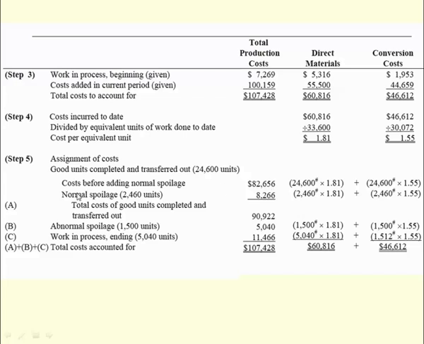82,656. Then for normal spoilage, the number of these units is 2,460 units multiplied by the direct material cost per equivalent unit, which equals 1.81, plus 2,460 units multiplied by 1.55, total will equal 8,266. The summation of these two numbers will equal the total costs of good units completed and transferred out after adding to them normal spoilage, which will give us the amount of 90,922.